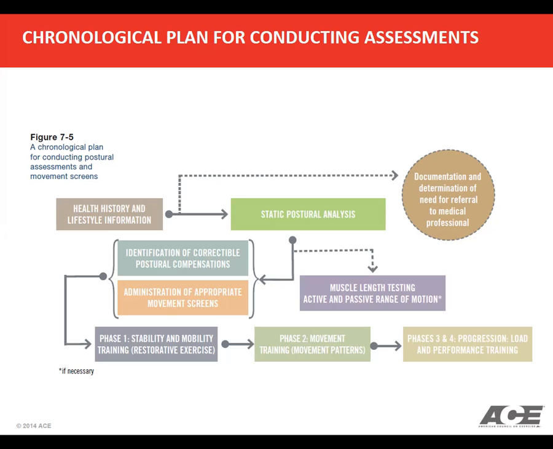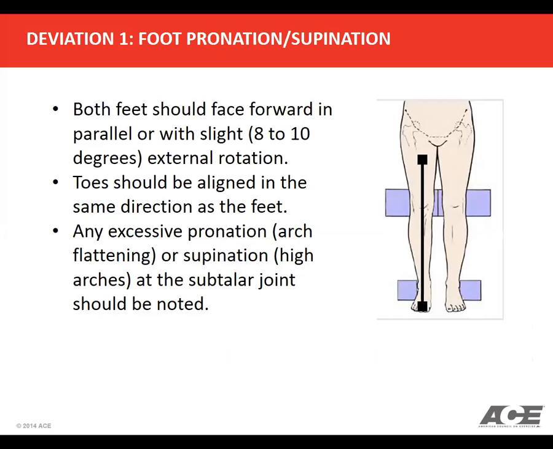They don't necessarily have to be done, but if you do locate a problem area, these are good tools to use, okay? Again, you can see that they have their phases, right? And again, all 4 phases can be done at the same time, from day 1 to day 401, right? All right, so again, looking at pronation, supination.